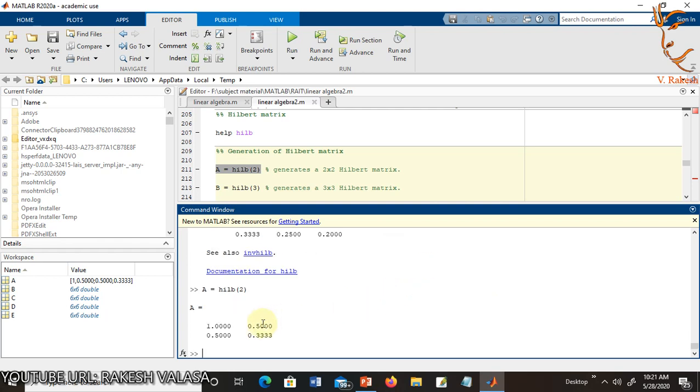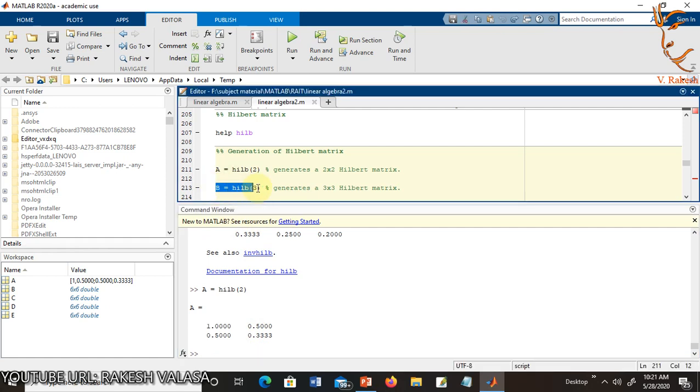For the first row first column, 1 by 1 plus 1 minus 1 means 1. For first row second column, 1 by 1 plus 2 minus 1 is 0.5000. Similarly generate the remaining elements, second row first column and second row second column.